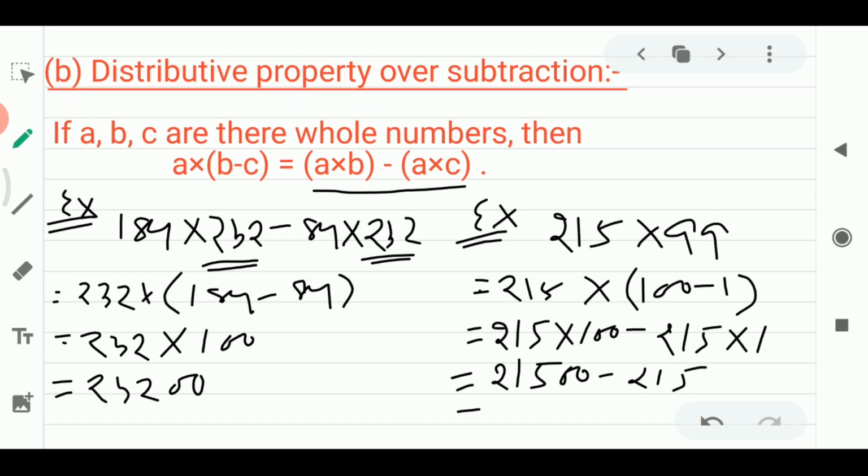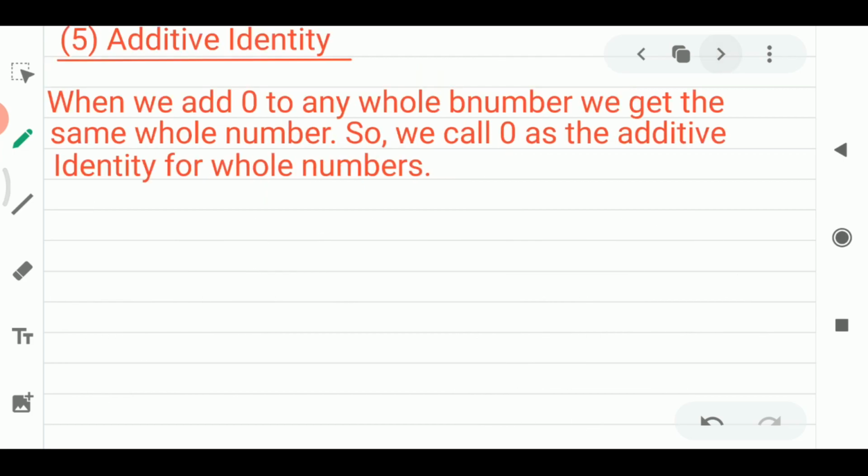Now subtract it. 10 minus 5 is 5, then 9 minus 1 is 8, then 4 minus 2 is 2, and this one is 21. So it will be 21,285. Okay, then come to next.